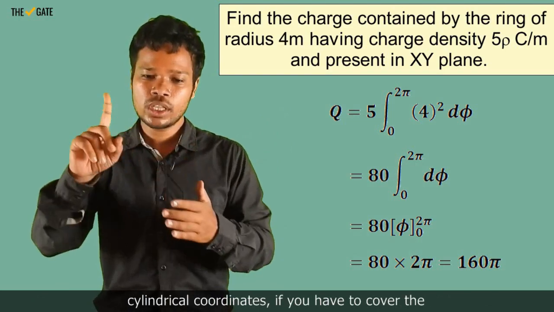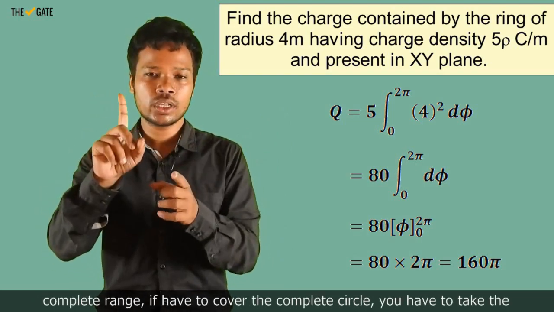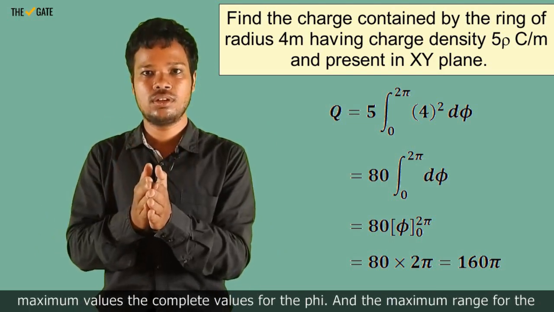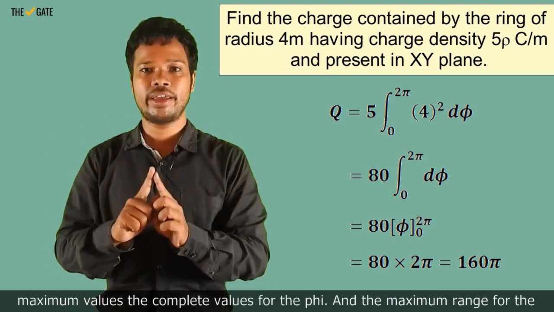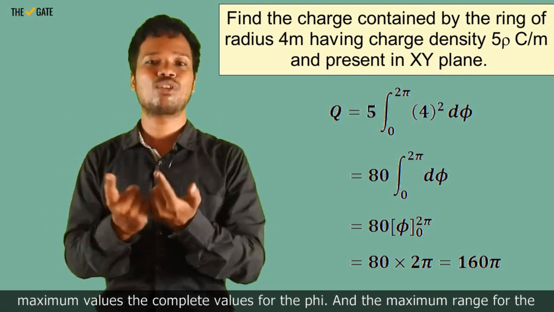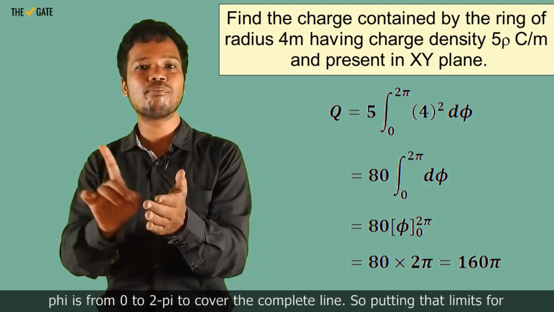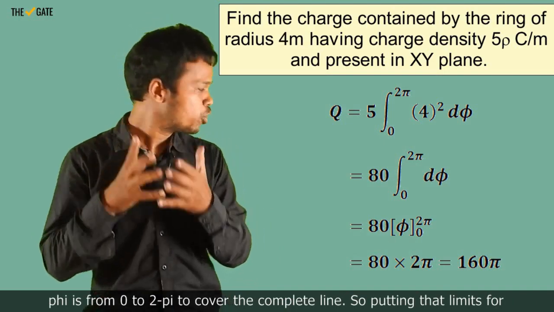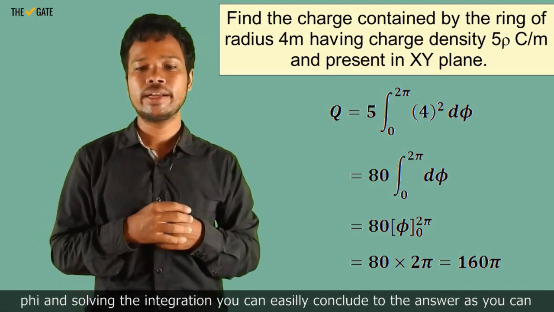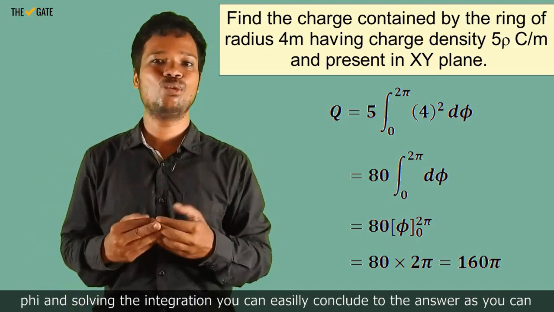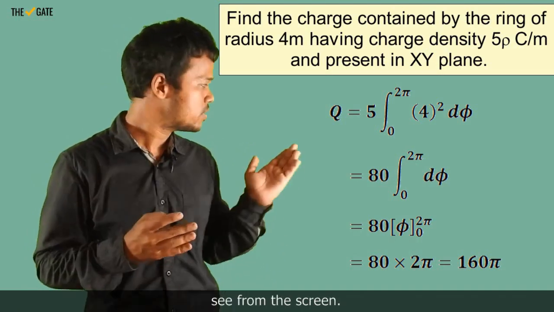If you have to cover the complete circle, you have to take the maximum range for phi, which is from 0 to 2 pi to cover the complete line. So putting those limits for phi and solving the integration, you can easily conclude to the answer, as you can see from the screen.